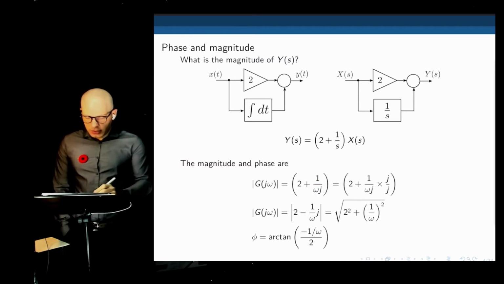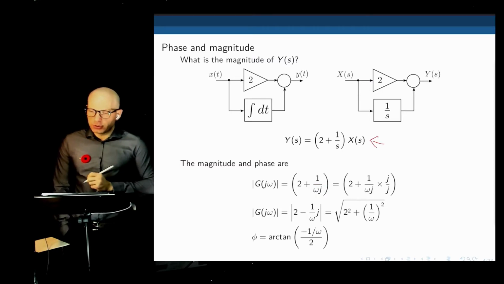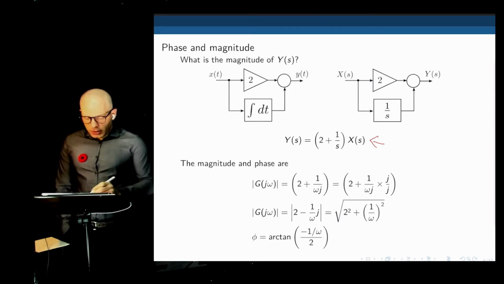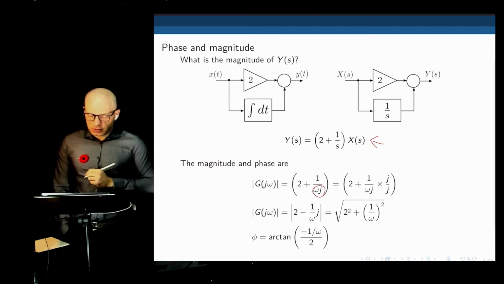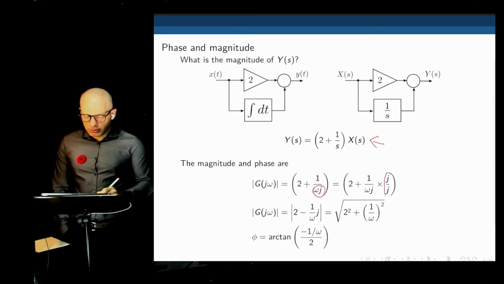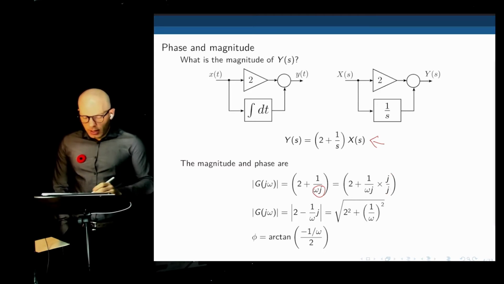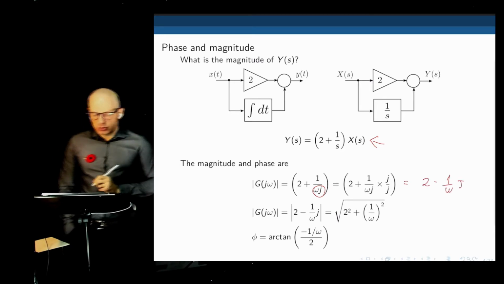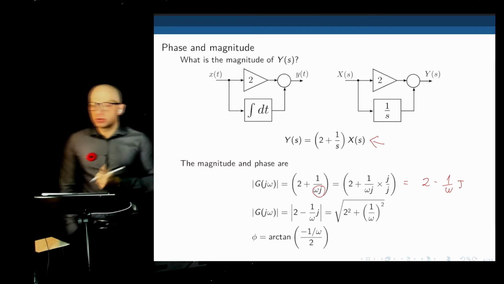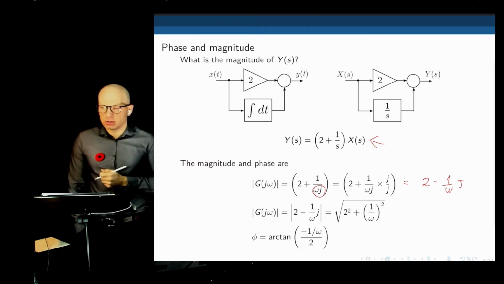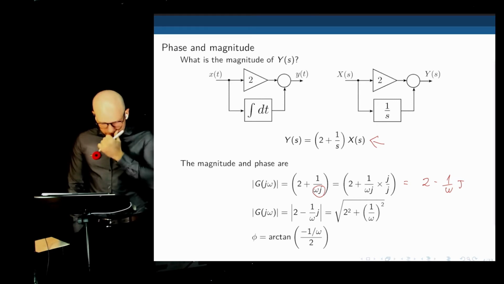To do that, we find the transfer function between the input and the output. Here it is, from the last lecture. We can now get rid of the j in the denominator, once we replace s with j omega, by multiplying the equation by j over j. And here we have the final format of this transfer function: 2 minus 1 over omega j. The real part is 2, and the imaginary part is minus 1 over omega.